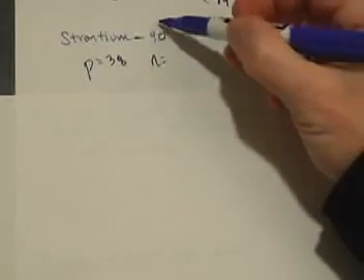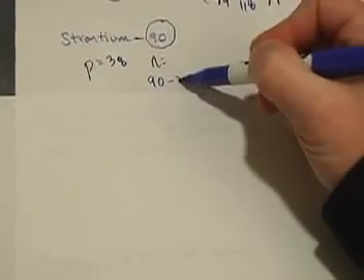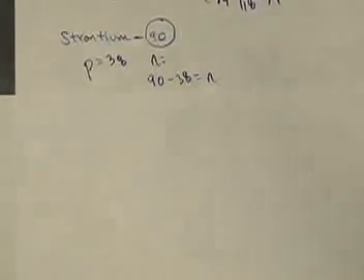So, in answer to this question, we have protons equal to 38, and if we wanted to find neutrons now, we would have to take the mass number, 90, and subtract from it the 38 protons, and what's left over would be our neutrons. So 90 minus 38 would give us 52 neutrons.